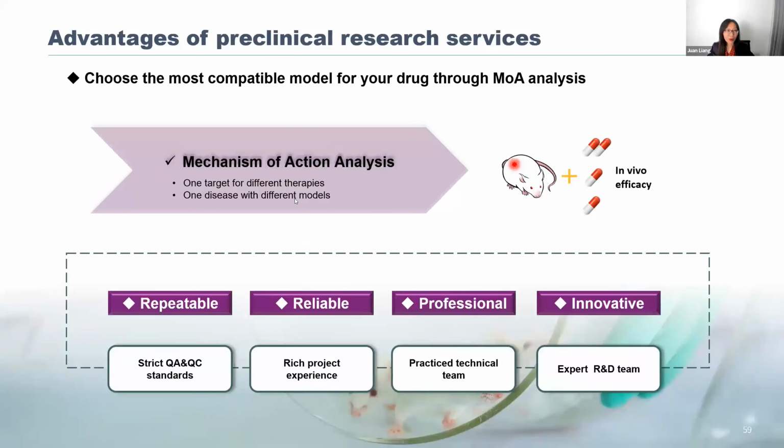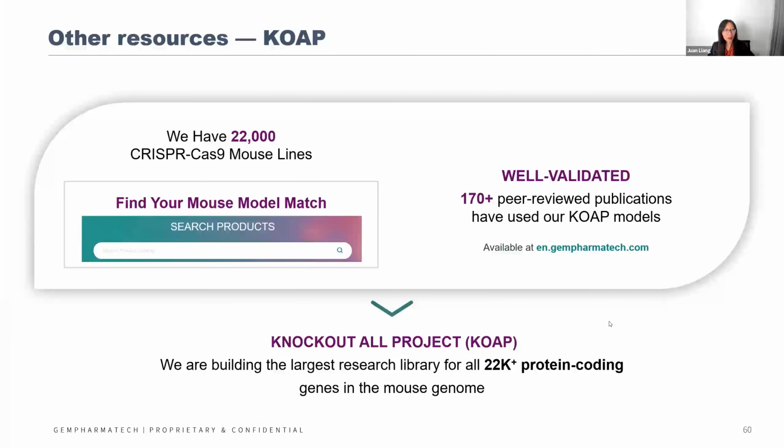The advantage of our service is to do the drug mechanism of action analysis. We will help our clients choose the suitable animal model based on the drug MoA to help get good results for the drug efficacy study. We also have the KOCP resource for the autoimmune disease pipeline.